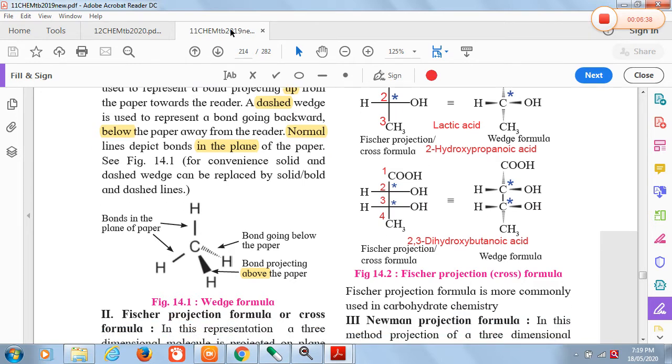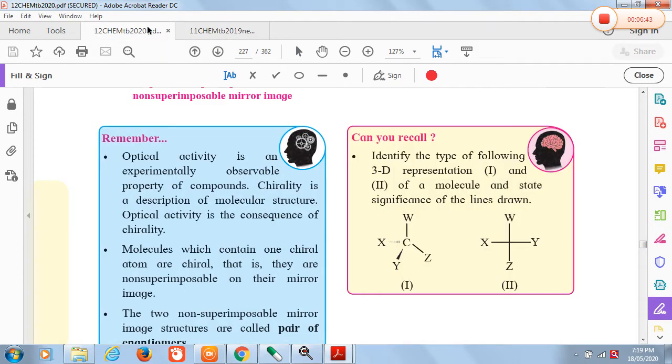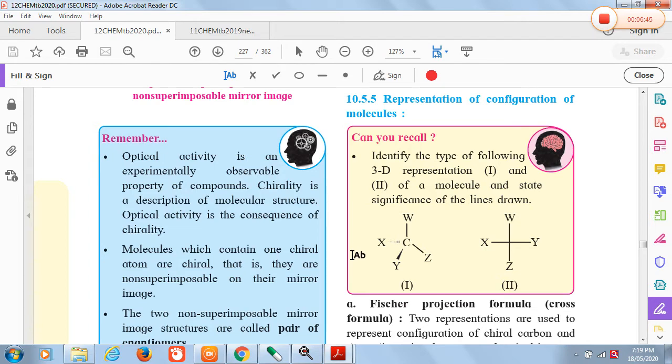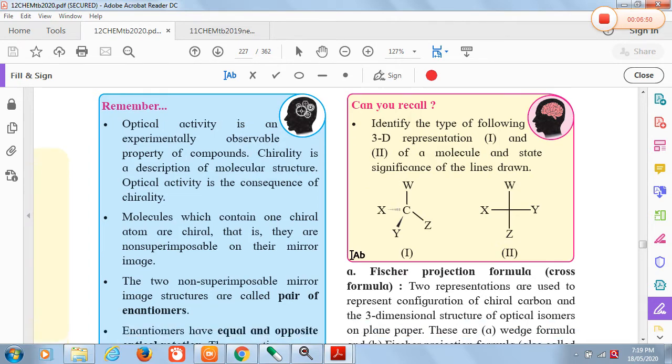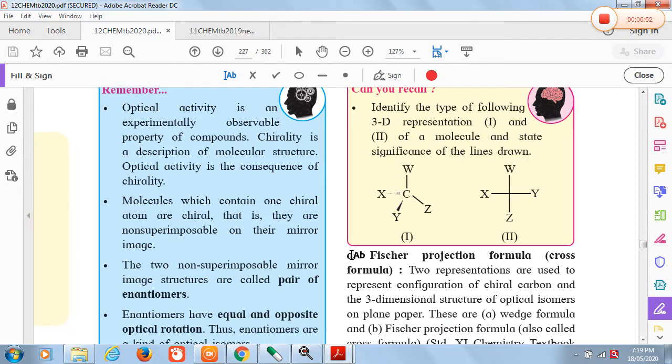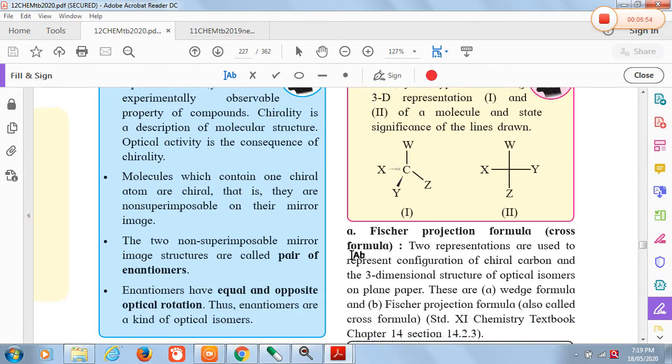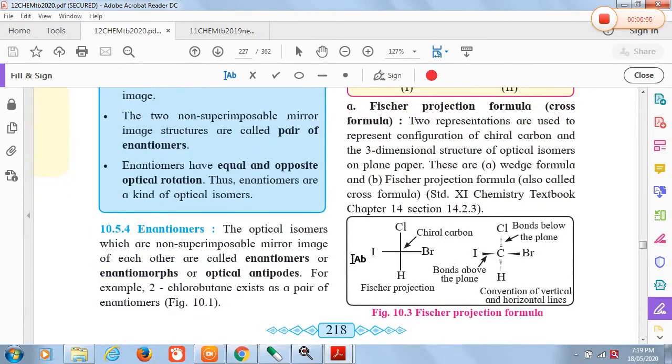So again we go to our main part, and that is the representation of configuration of molecules. So I think all of you understood the Fischer projection or cross formula. Here we consider one carbon attached to 4 different groups, and that carbon is chiral carbon. So it is shown with star.